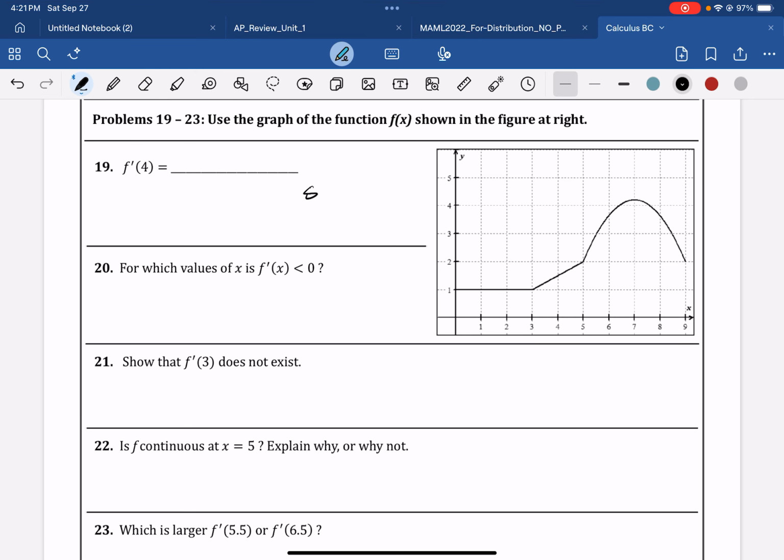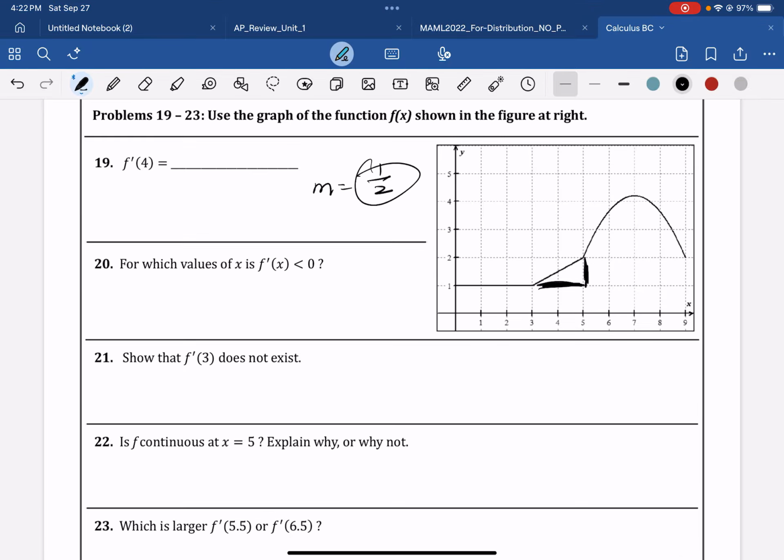Slope equals rise over run. The rise is 1, the run is 2, so the slope is a half, and that is f prime of 4. Then we plug 4 into the function and we get 2.